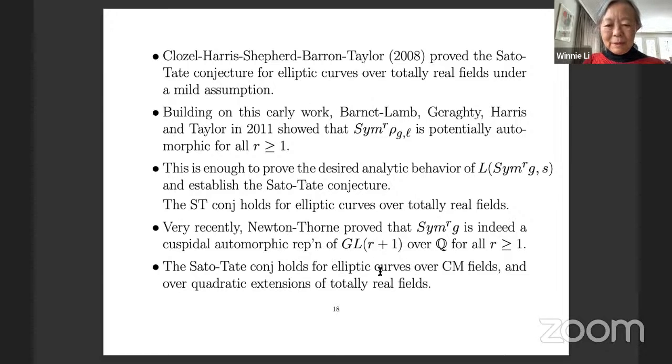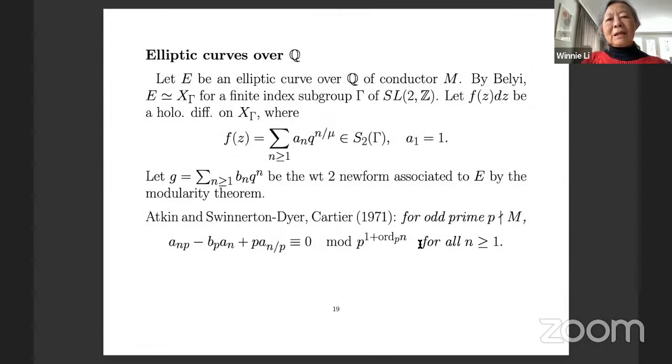There's one paper. And another big paper is over quadratic extensions of totally real fields. Okay. So now the Sato-Tate conjecture for elliptic curves is known for quite a bit. Okay. So that ends my discussion of what happens for the modular forms for congruence subgroups.